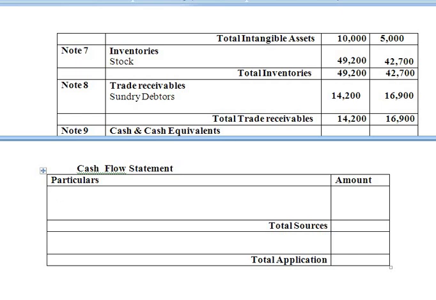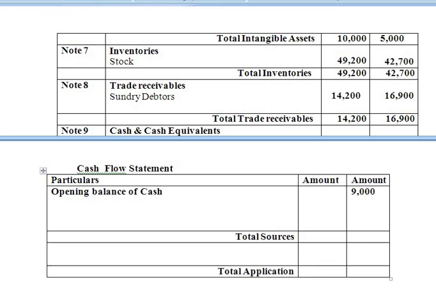We'll write here opening balance of cash, which is rupees 9,000. Amount of opening balance of cash, we can take it in the outer column.